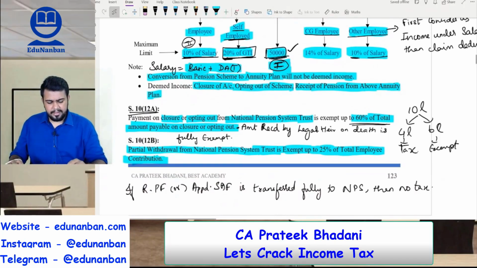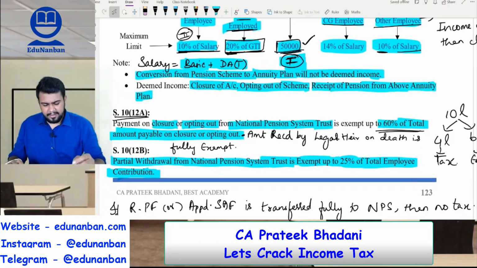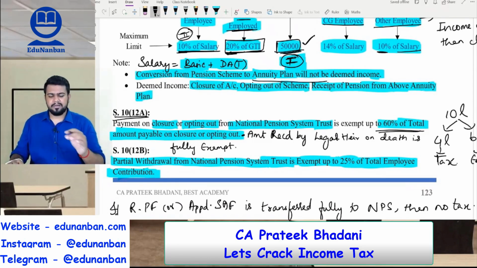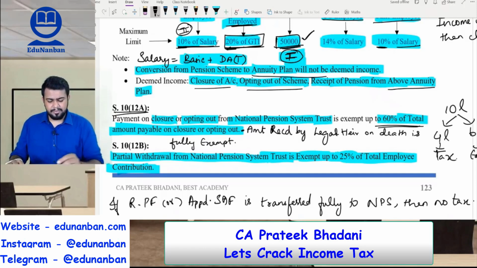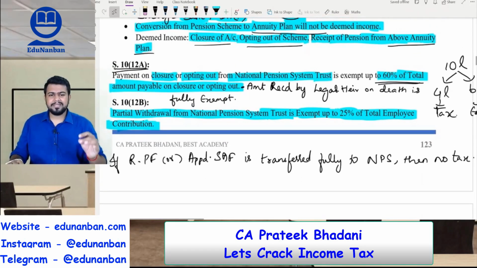Fine. Then next, if any pension scheme is converted to an annuity plan, then there will not be any tax on such conversion. However, if such annuity plan is closed or opted out, or if you receive any pension from the annuity plan, then it will be deemed as income. Then what about closure of the pension scheme, sir?